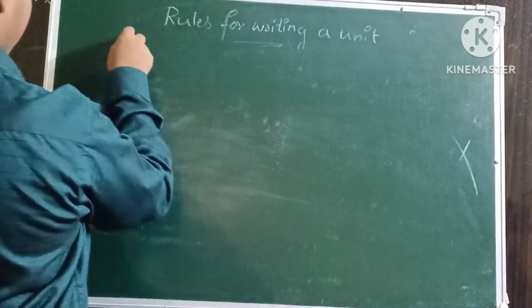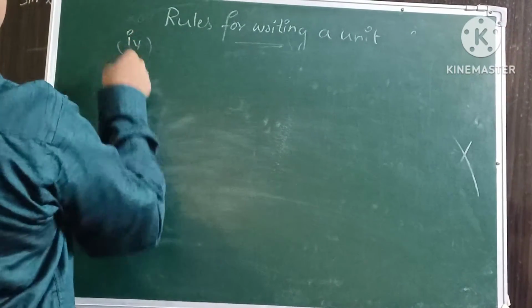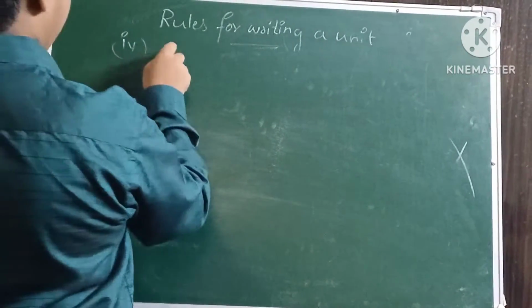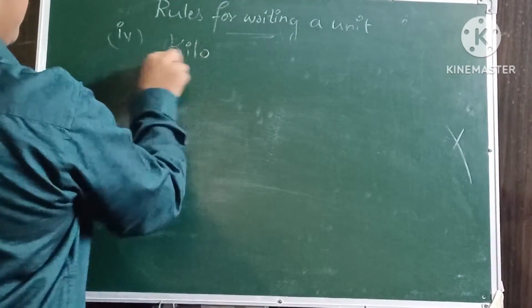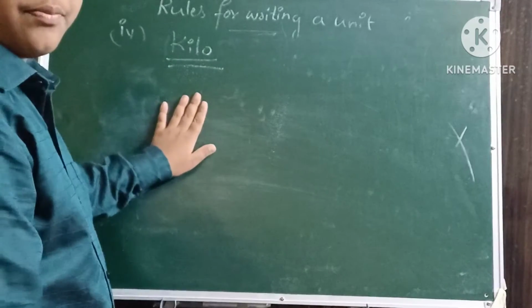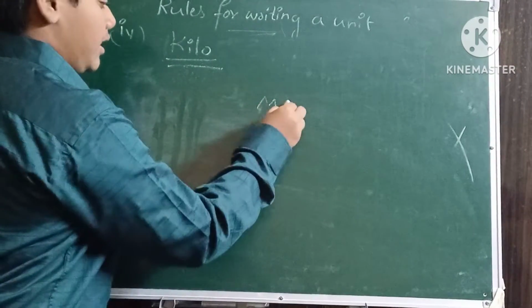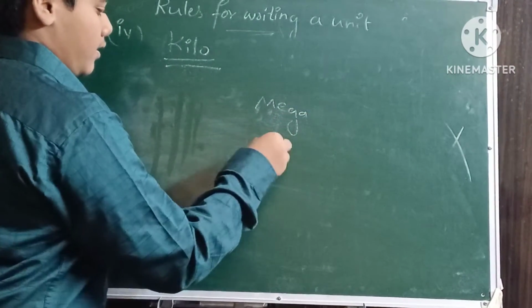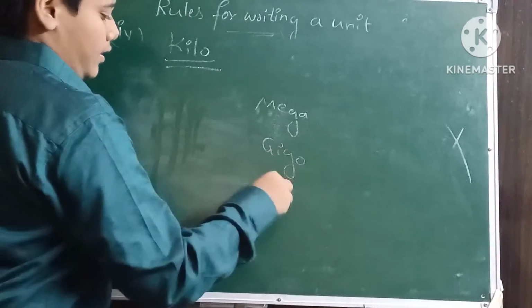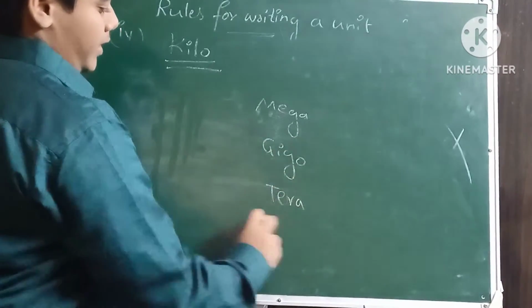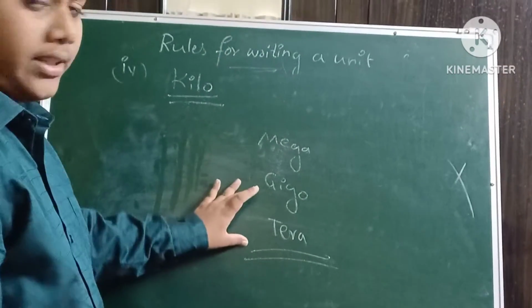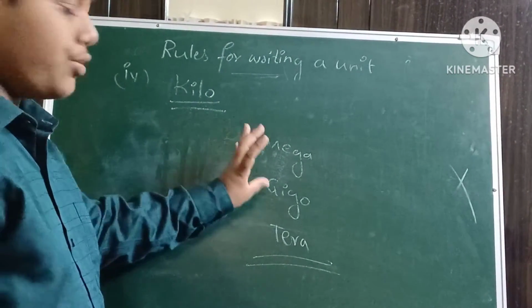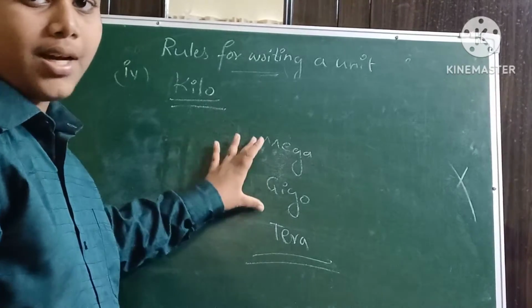Fourth rule. From kilo, we already know that from kilo, mega, giga, tera, these prefixes are written in capital letters. We should write capital letters, not small letters.